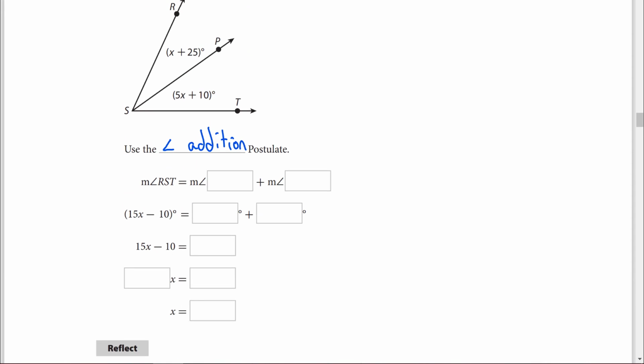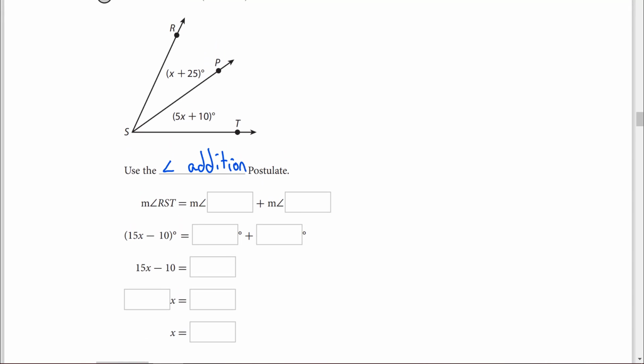So what that's going to tell me is that adding angle RSP, by the way, this just means the measure of the angle. So angle RSP plus angle PST will add together to give me the large angle RST.